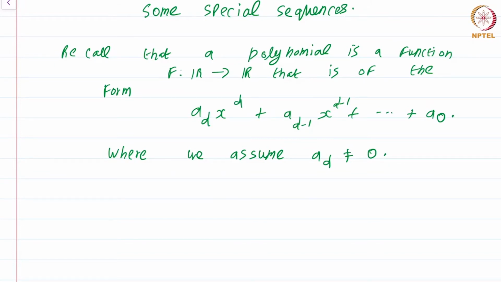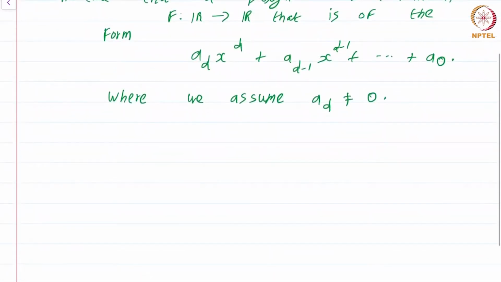Now I'm going to do some studies of sequences that involve polynomials. So first example, you might have heard of this colloquial expression that an exponential grows faster than any polynomial growth. So let's see how to translate this in terms of sequences.